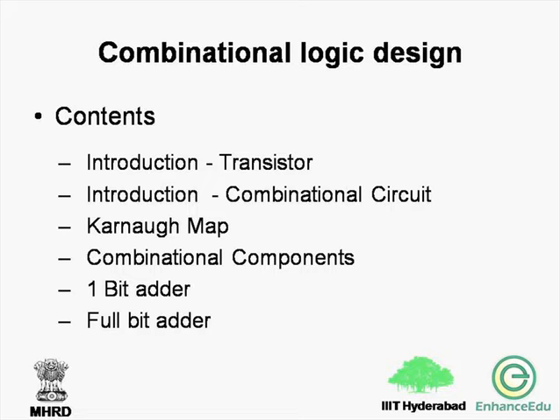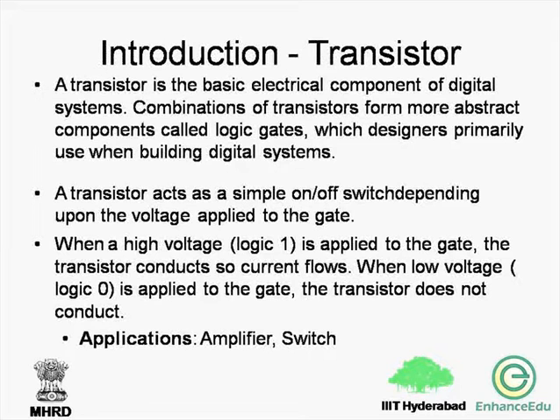The transistor is a basic electronic component of digital systems, and it can be used as a basic block for building combinational logic. The importance of transistors can be seen in various ways. It can act as a simple on-off switch.